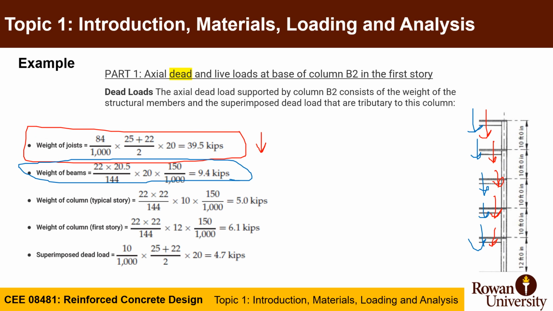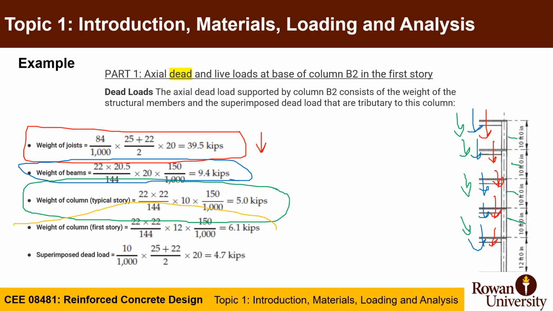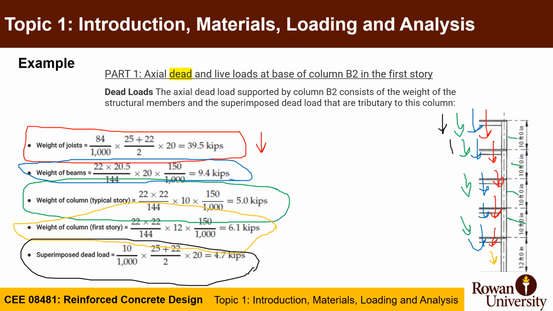And if you have the weight of the column as green, you will get the typical column acting as 4 columns, column 1, column 2, column 3, 4 from the top. And the first story is going to be here, and the superimposed dead load will be in every floor level.